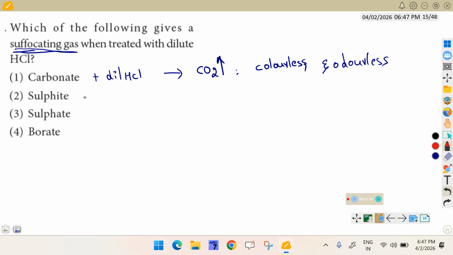Next, sulfite. Sulfite is SO3 2 minus. Reacts with HCl. Then it liberates sulfur dioxide gas. Sulfur dioxide gas is suffocating and has a pungent odor.